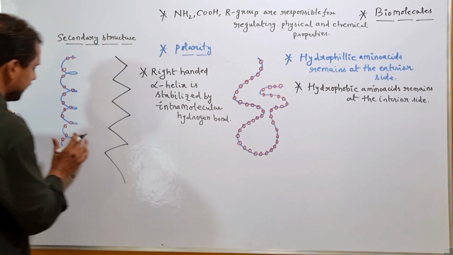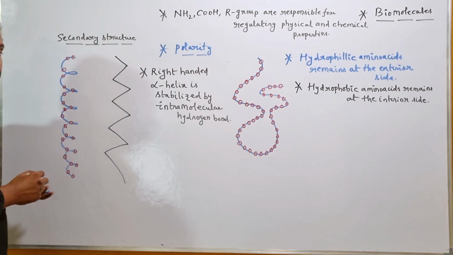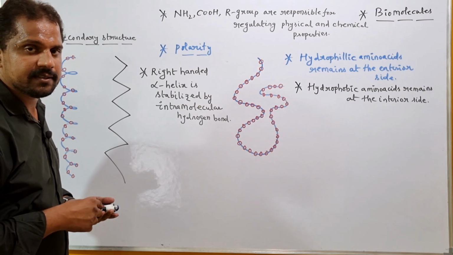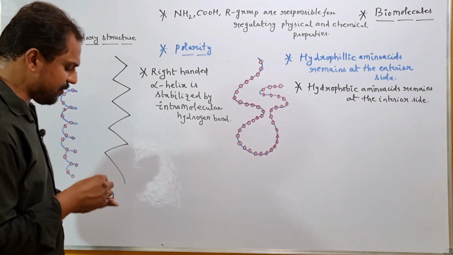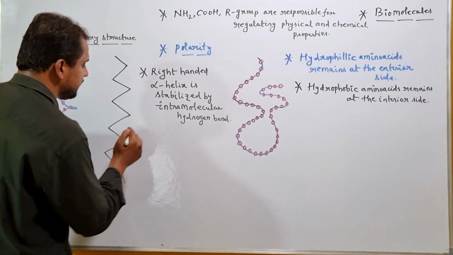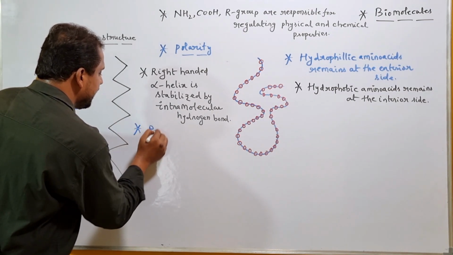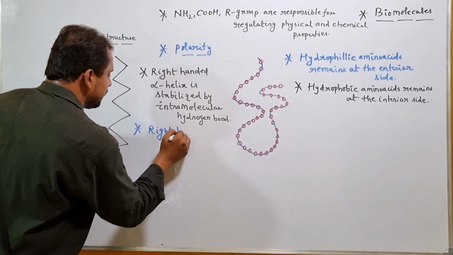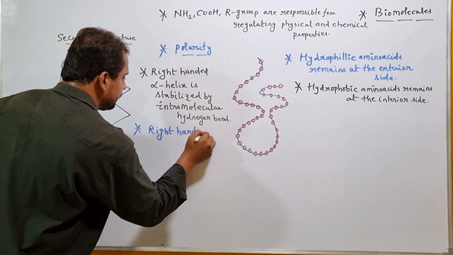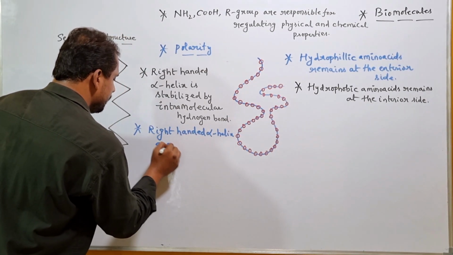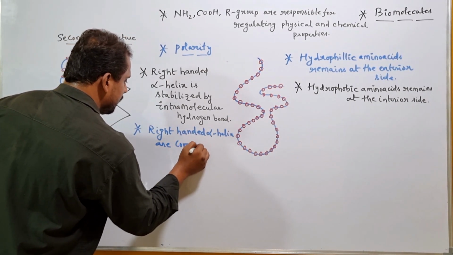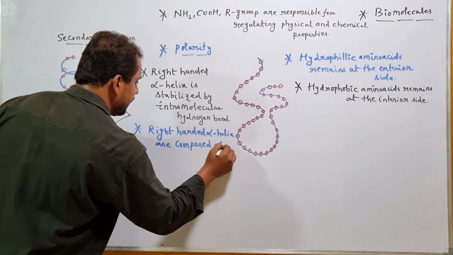And if we look at the right-handed alpha helix, most commonly it is composed of certain amino acids, the LACME amino acids. What are those? Right-handed alpha helices are composed of LACME amino acids.